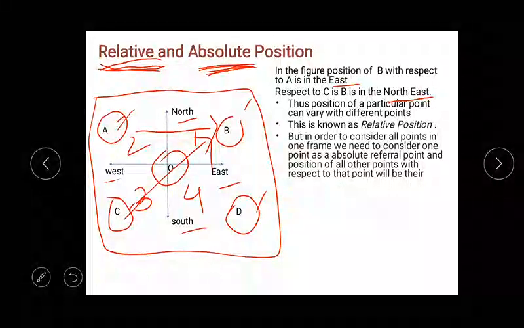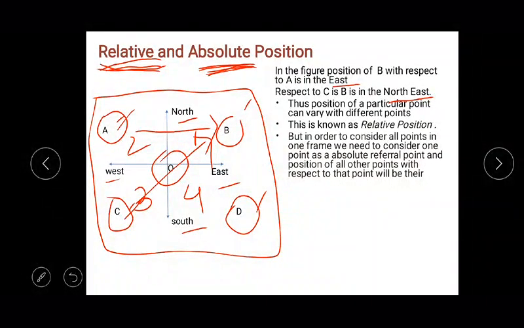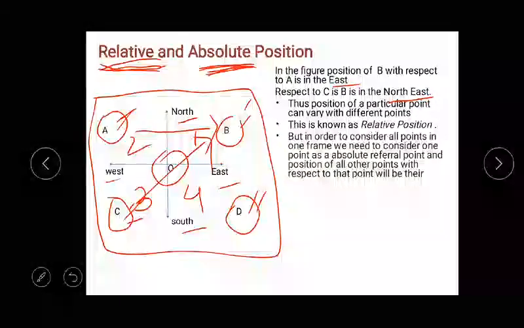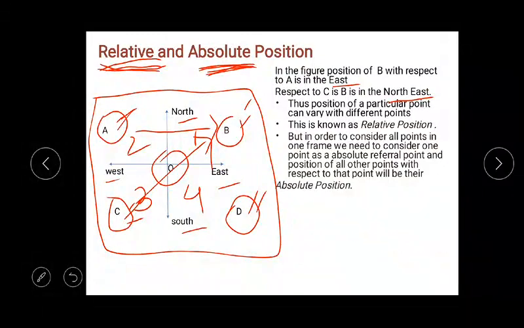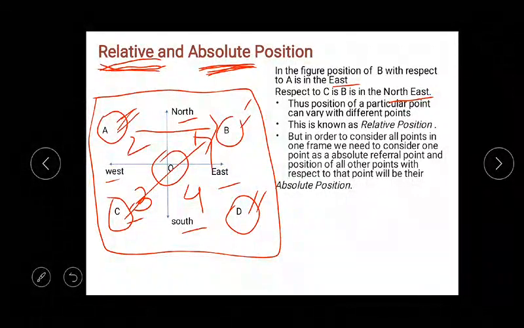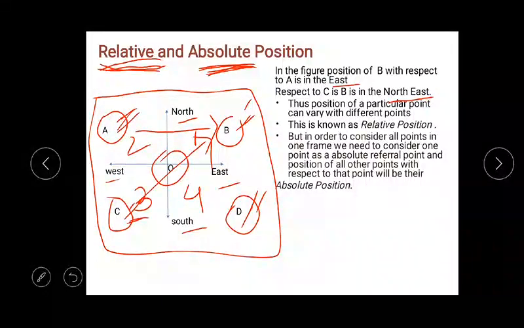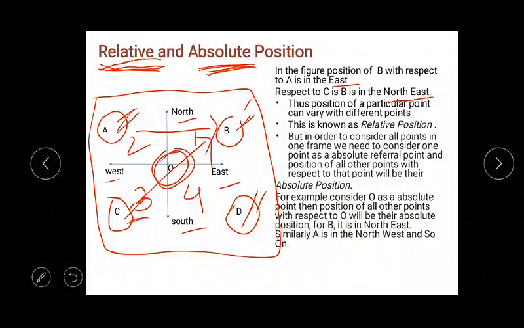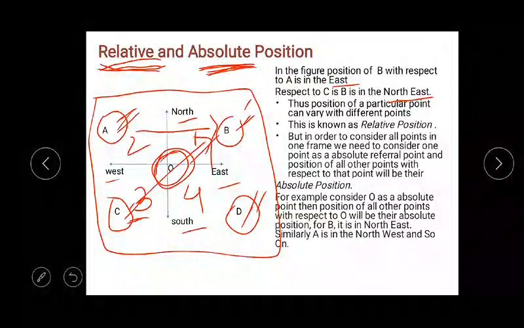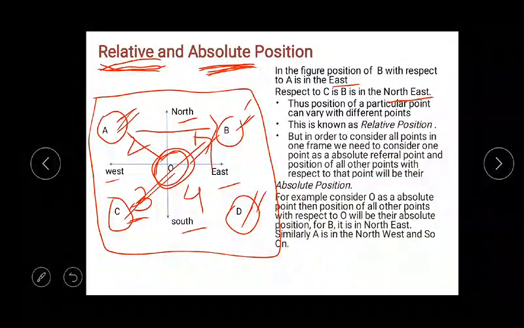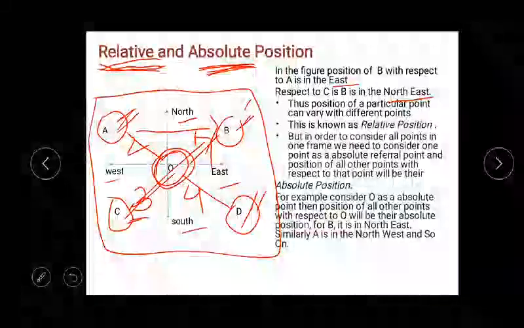Then the position of all other points, that is A, B, C and D, will be their absolute position. So if we take O as the fixed reference point, we will find that B is to the northeast of O, A is to the northwest, C is to the southwest, while D is to the southeast.